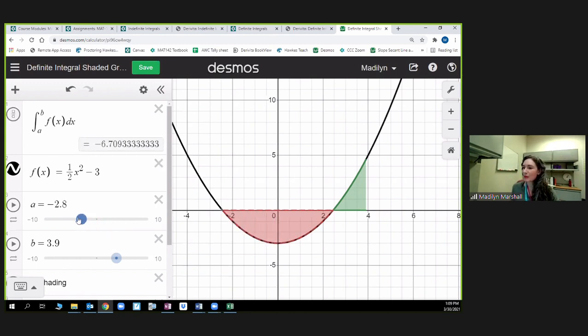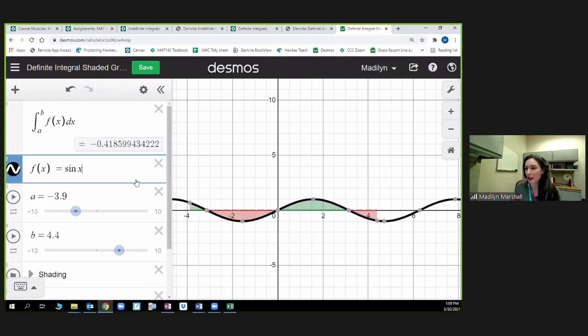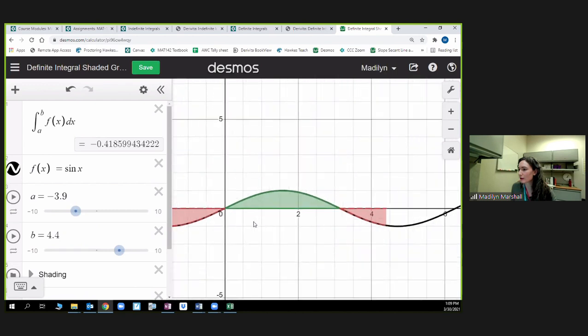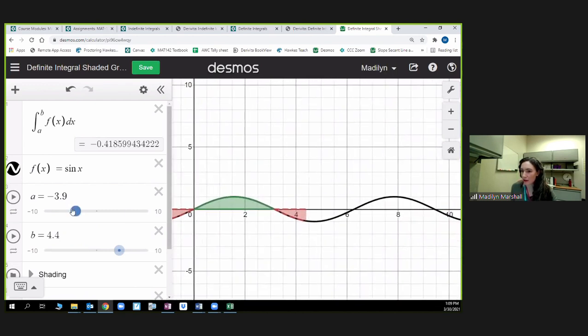So I am going to post the links to these two things that I've shown today, just so you can see how those integrals work, which is going to be optional but fun, in my opinion. And you can change this function. I'm going to bring up a function that we don't talk about in this class, but if you've ever done trig, this is a sine function, so it just goes up and down forever.